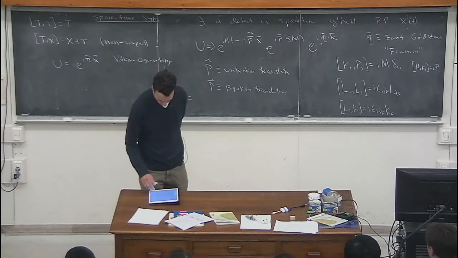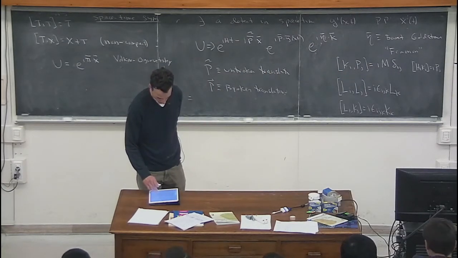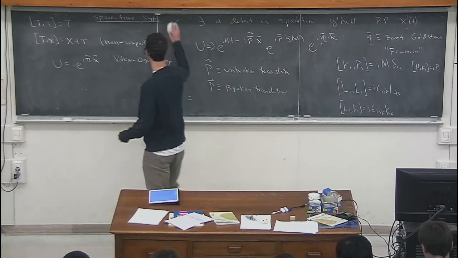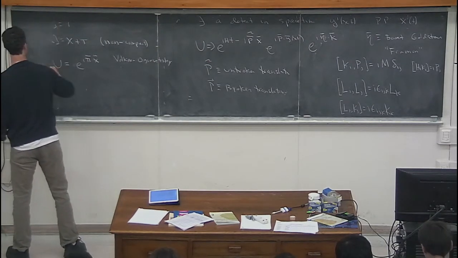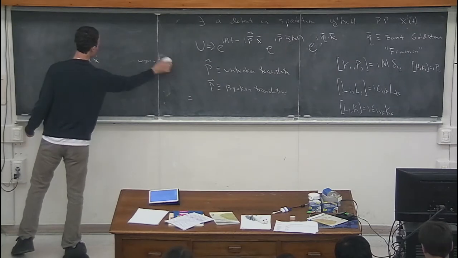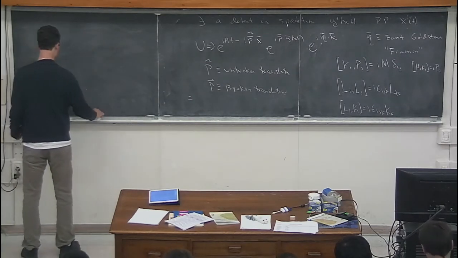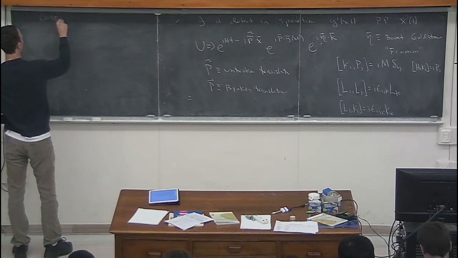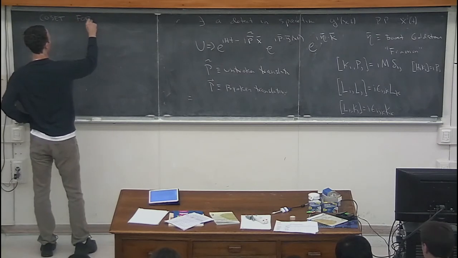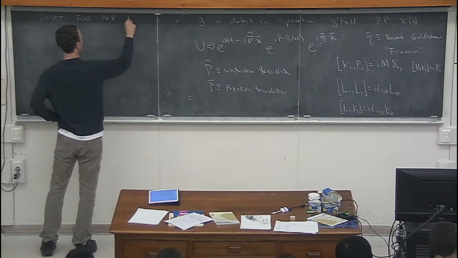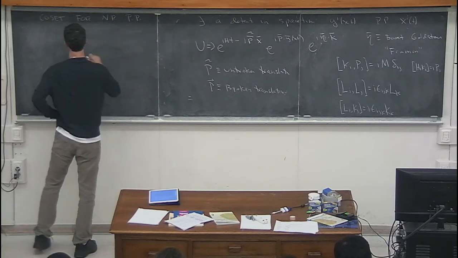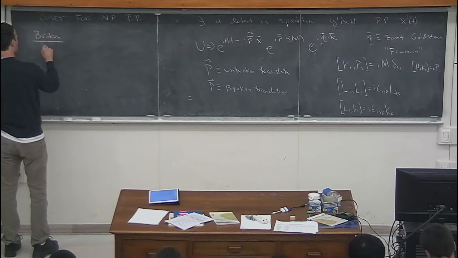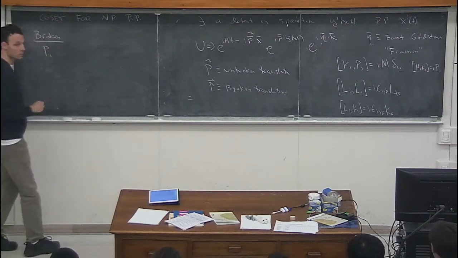Okay, so now let's apply this to the point particle. Coset construction for the non-relativistic point particle. The broken generators are going to be all the translations, right?